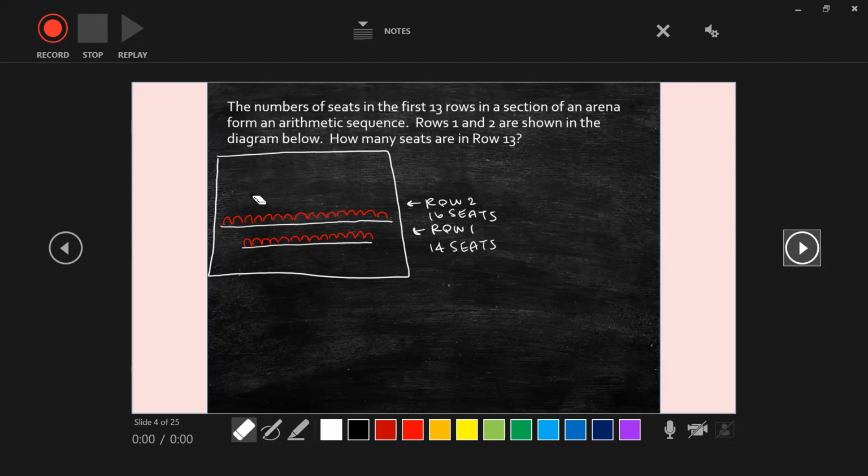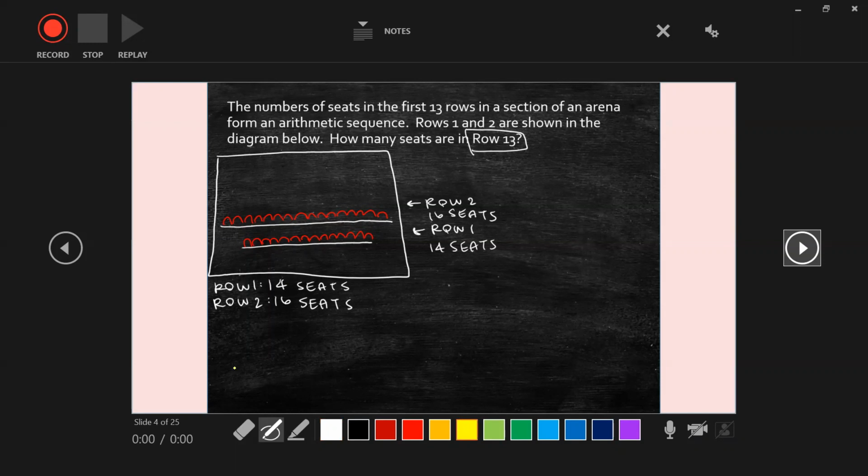So let's figure out what we've got. Our first row, it says that we have 14 seats. So row 1 has 14 seats. Row 2 has 16 seats. And it's asking us to find how many seats are in row 13. So let's see if we can figure out the different components of an arithmetic sequence.